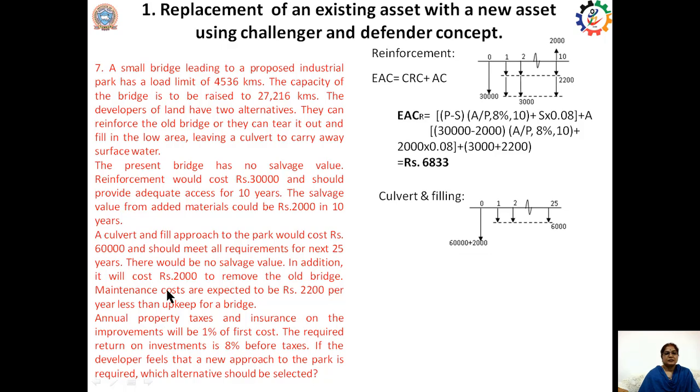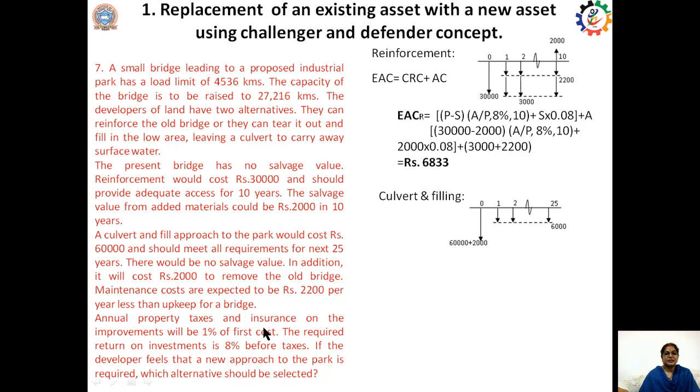Next is maintenance costs, expected to be 2200 per year less than upkeep for a bridge. In this case, if you consider this maintenance cost, here it is 2200 less. So take here it as 0, add 2200 to that, this will be 2200. Here it is 0. Then what is this 6000 and 3000?